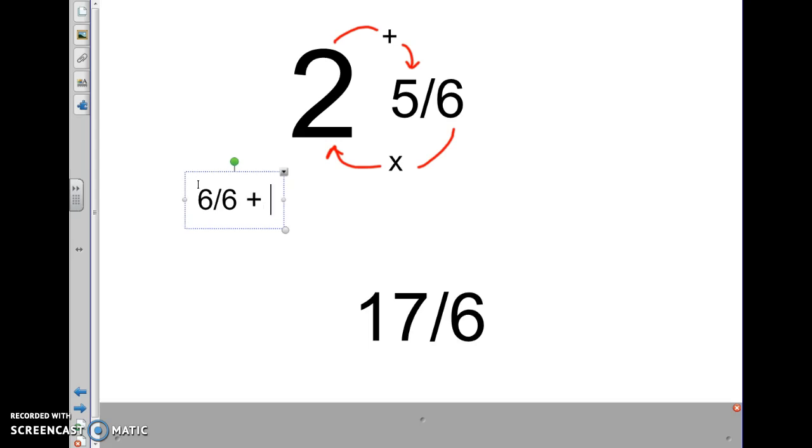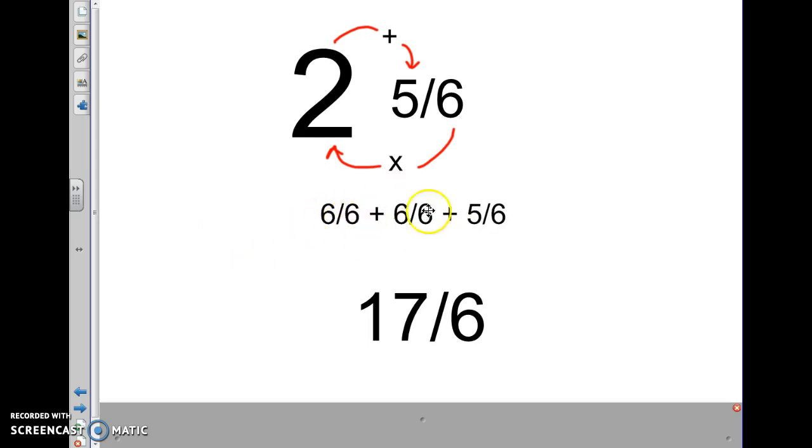But we've got 2, so plus another 6/6, plus that 5/6. So that would be 6/6, there's 1, there's 2, and then the 5/6, right? 2 and 5/6, so 6, 12, and then 17/6.